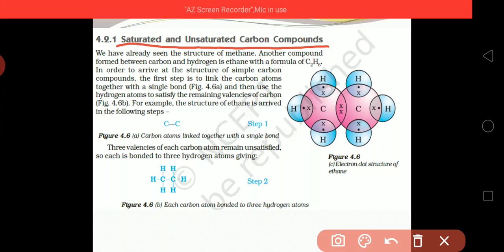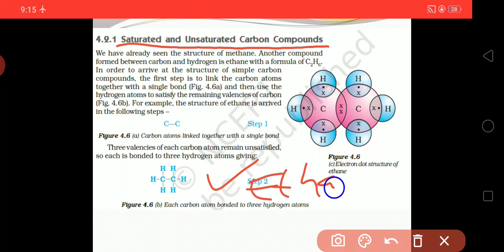In a previous slide we have already discussed what a saturated compound and an unsaturated compound are, but we will discuss it once more. We have already seen the structure of methane. Here you can see the structure of ethane.